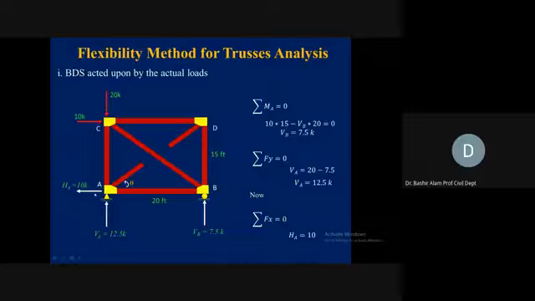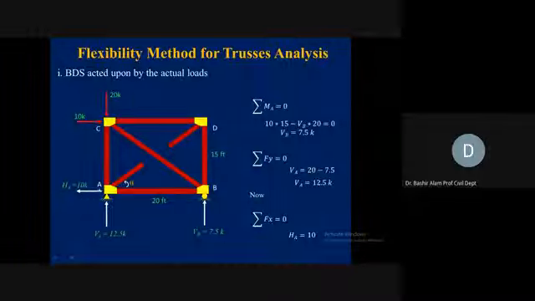So 10 kip is rightward, and the reaction becomes leftward. Summation of Fx equals 0. We put HA towards the right, so HA plus 10 should be equal to 0. So HA becomes minus 10.